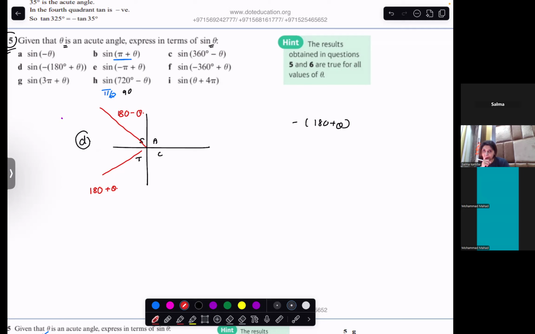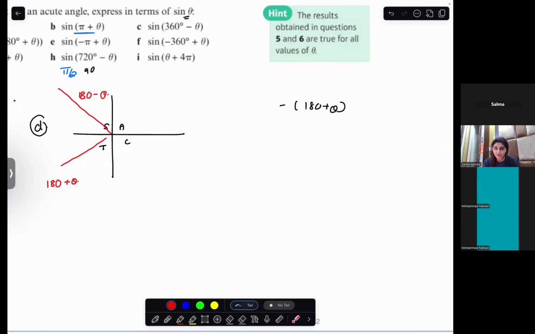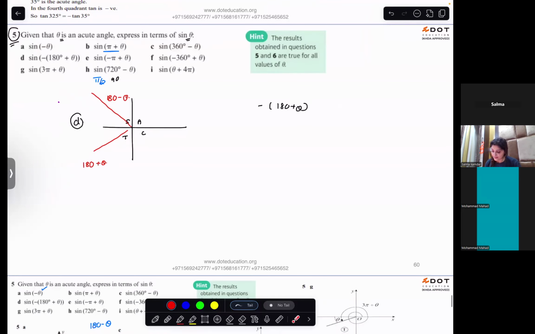Now tell me, how would you go about it? Understand one thing. It's a negative angle. If it is a negative angle, will you go clockwise or anti-clockwise?